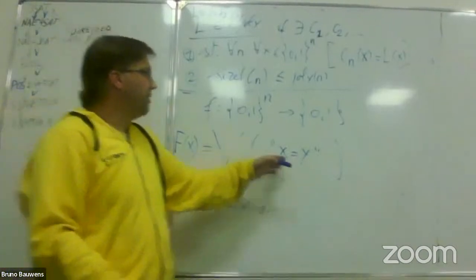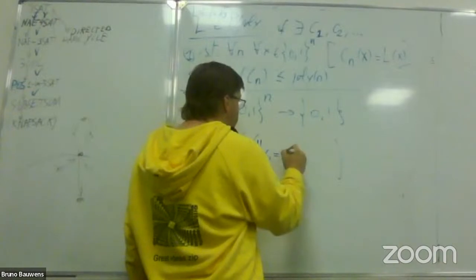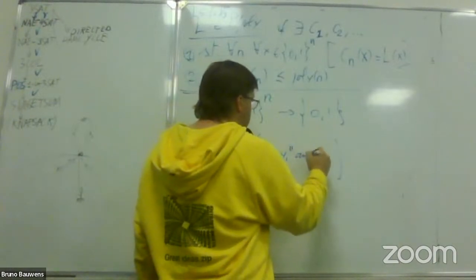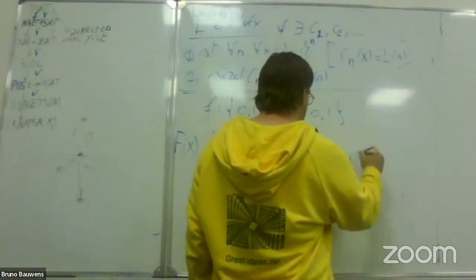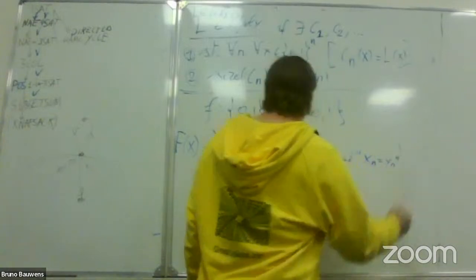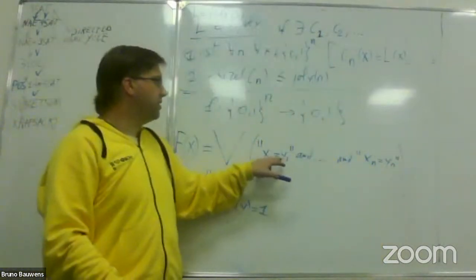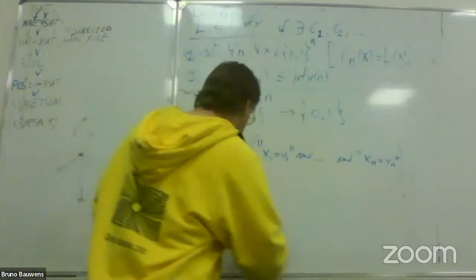And so checking whether x equals y is checking whether x1 equals y1 and so on up to xn equals yn. And what is the Boolean formula that checks whether two variables are equal? There's a formula for this.